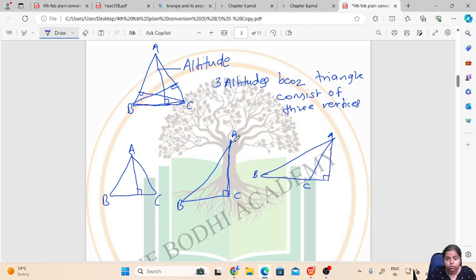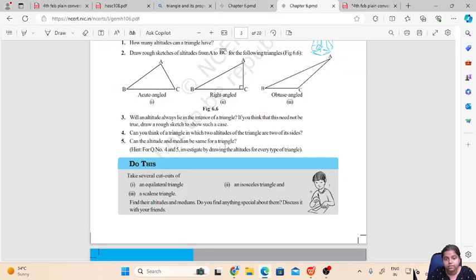One altitude from the vertex A to BC, that is on this one side, and the other from the vertex B. Okay, from vertex B if you draw the altitude to the side AC, then it will be on the side of the triangle only. So in that case the right angle triangle is the answer.